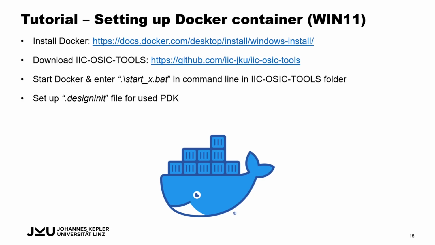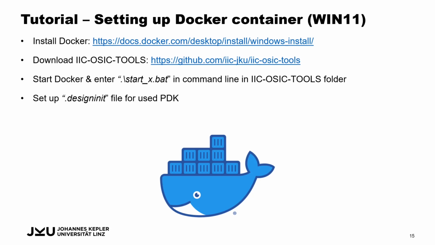So if you're a Windows user, then I would recommend to install Docker with the provided link, download the IIC-OSIC-TOOLS GitHub repo, start the Docker container, navigate to the IIC-OSIC-TOOLS folder and open the command line, enter this ./start_x.bat, and then the recent image of our IIC-OSIC-TOOLS container is installed.